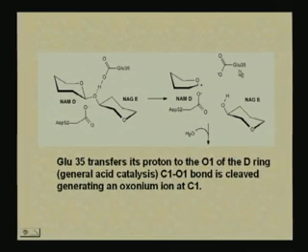Why? Because glutamic acid does not have its proton to donate. So, for lysozyme to act as a catalyst once more, the glutamic acid has to get back to OH. So, what happens?